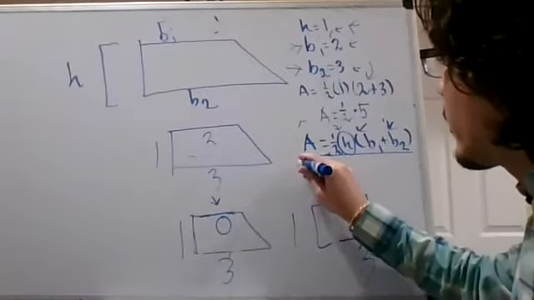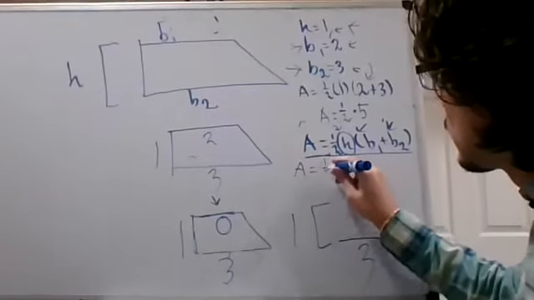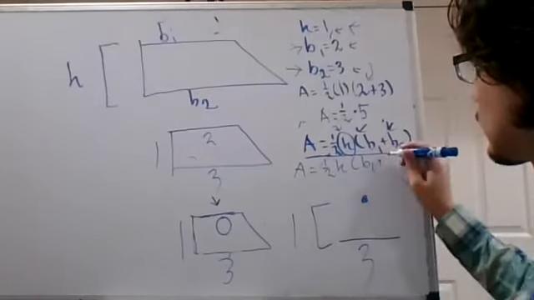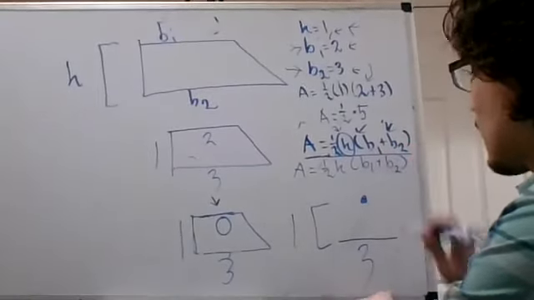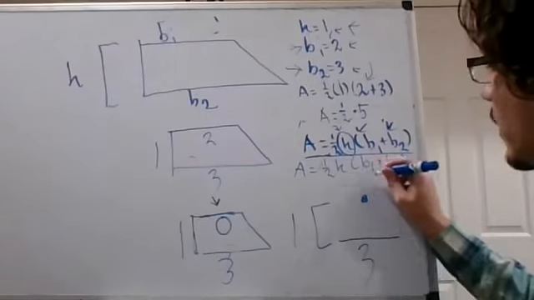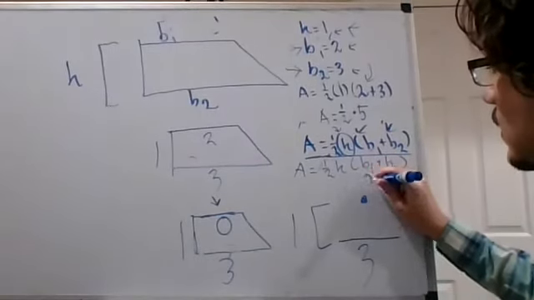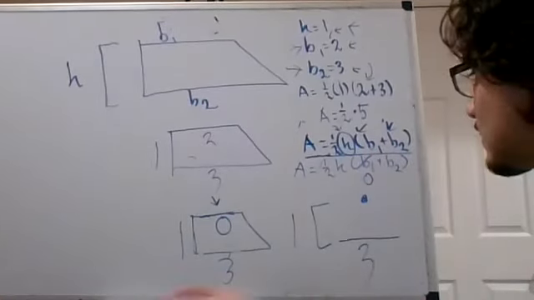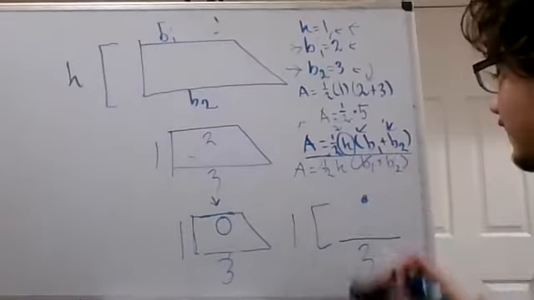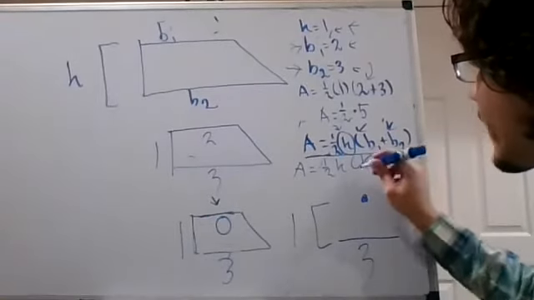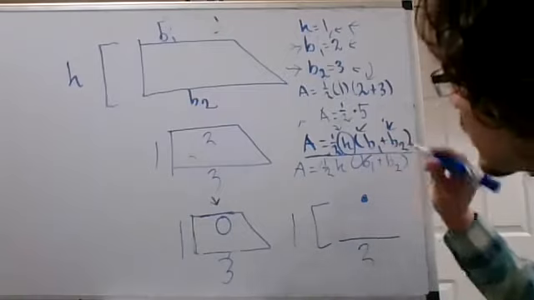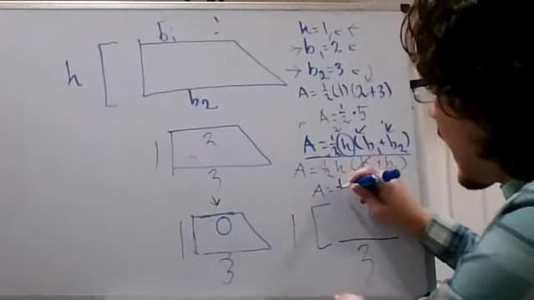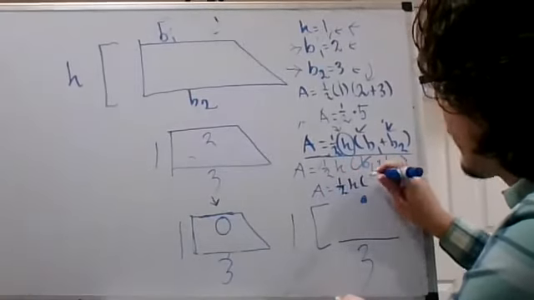But if we look at our area equation, if we made the base 0, then we would cut out the base. So if we cut out the base from this equation because we put in 0 for it, the area would be 1/2 height times base 2.